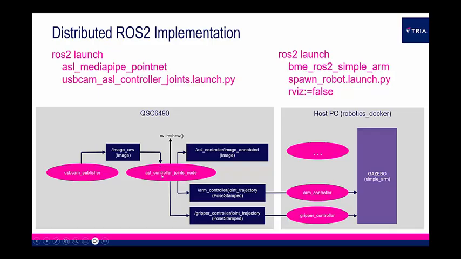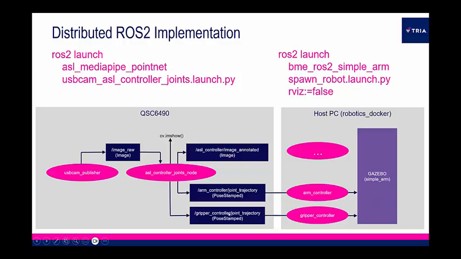Then our ASL controller will look at the image, find the hands, recognize the hand signs, the letters of sign language, and publish an annotated image showing the results. It will also publish PoseStamped messages, which are basically the joint trajectories for the arm controller and the gripper controller of a simple robotic arm that's running on the other PC in Gazebo.